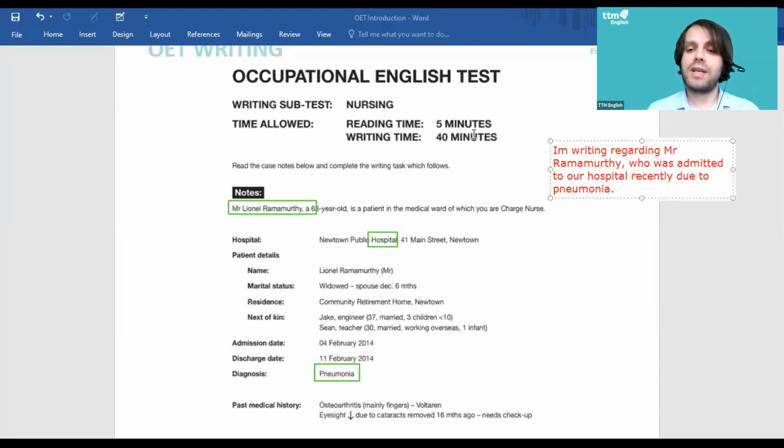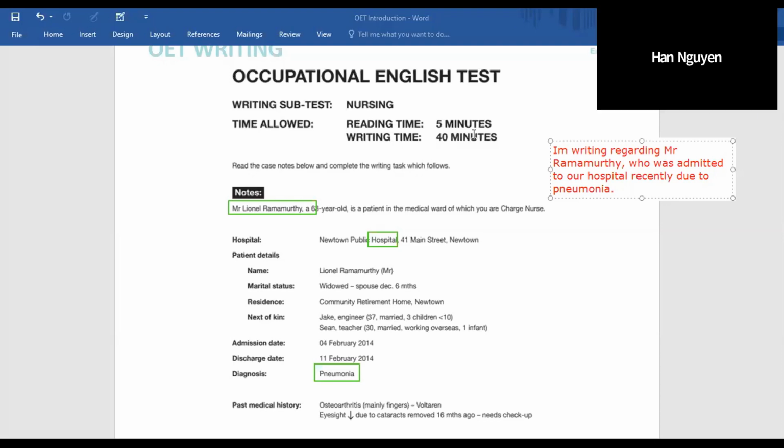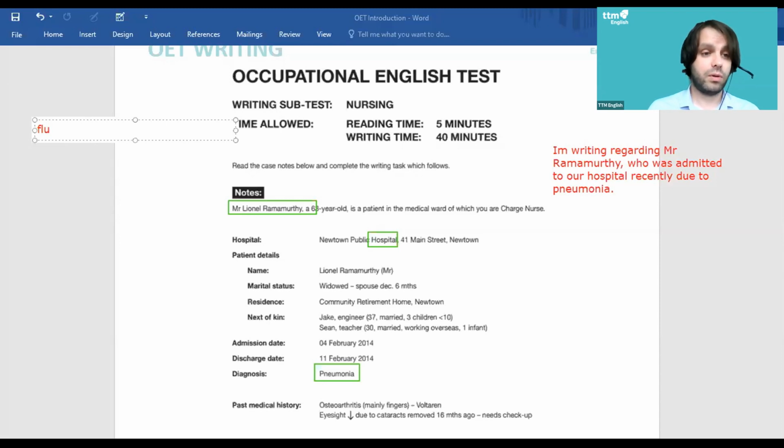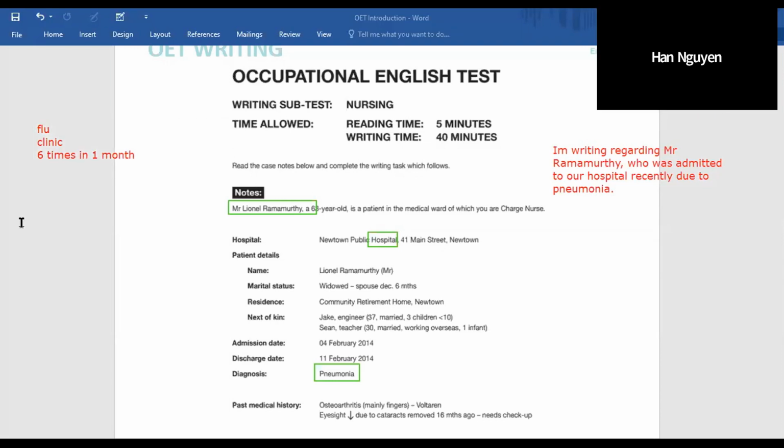Han, let's imagine that now I'm just going to change something here. Let's imagine that he's been attending the clinic with flu 6 times. What would you say? He's got flu, it's a clinic, and he went 6 times in 1 month. You mean only with flu symptoms?